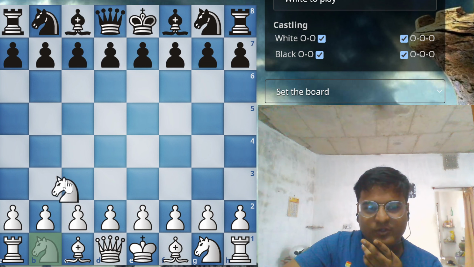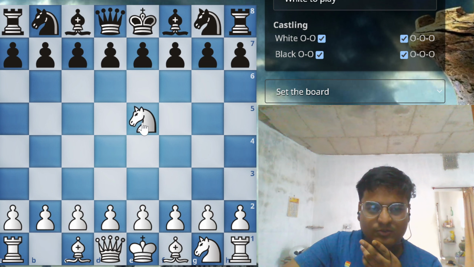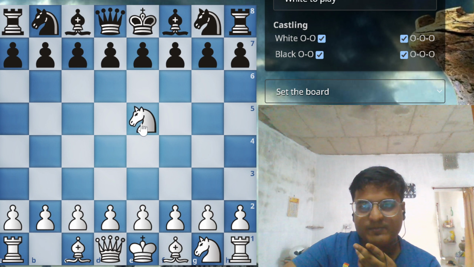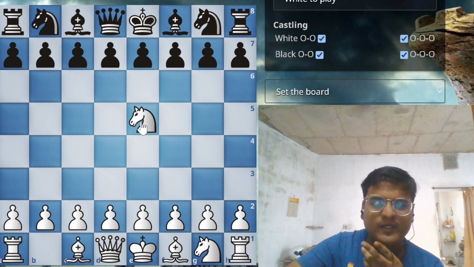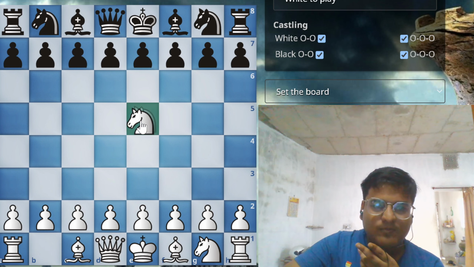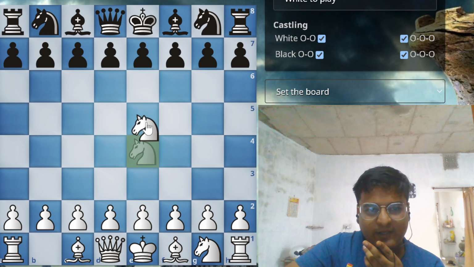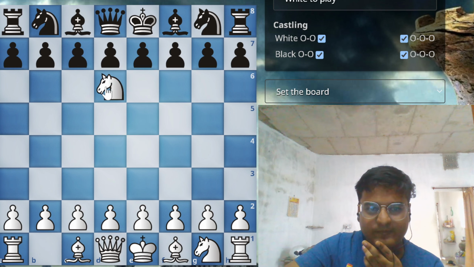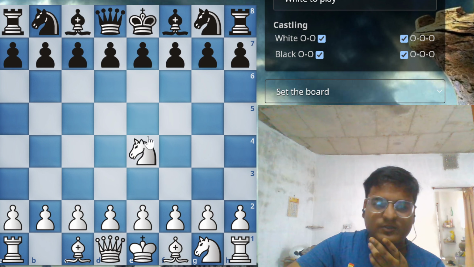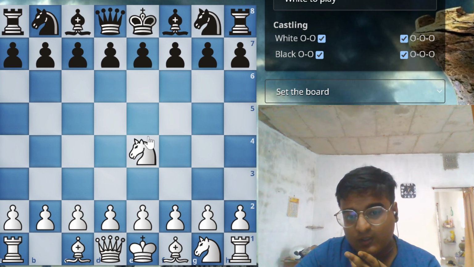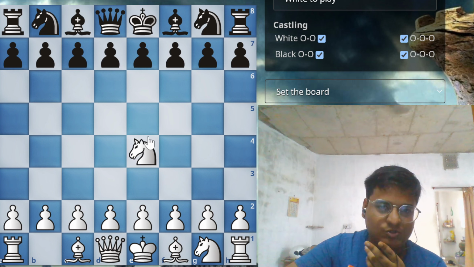Now let's move to the horse. The horse again has a very simple but a little bit complicated movement. The horse takes 2.5 steps, like 1, 2, and 3. This was the first way of moving the horse.